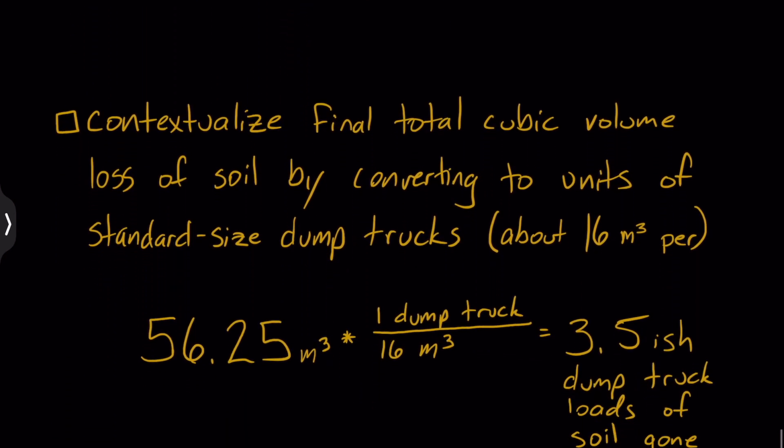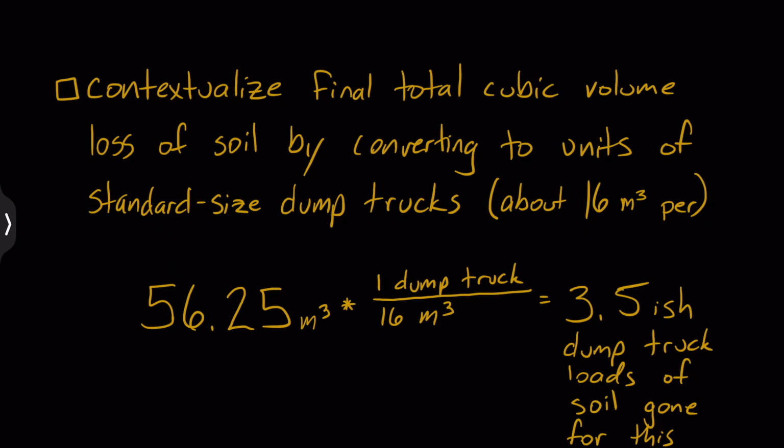So let's put this in context for your trail crew. To help them understand the gravity of the situation, we're going to divide that 56.25 cubic meters by about 16 cubic meters. It's hard for me to picture what 1 cubic meter of soil is and what that really means. But everybody knows how big a dump truck is.